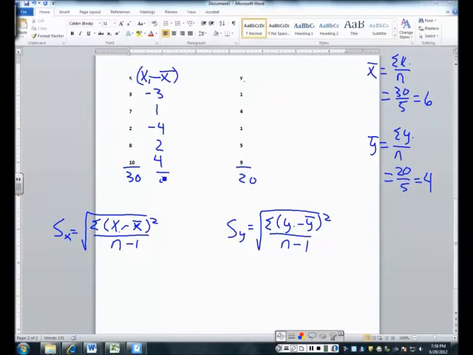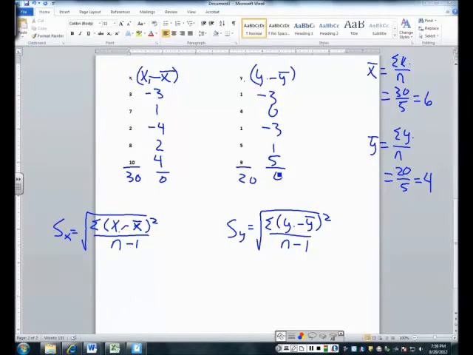Good. I'm going to go ahead and get the y deviations right now, subtracting 4 from each value. So I've got y sub i minus y bar: minus 3, 0, minus 3, 1, and 5. Of course, that sums to 0.